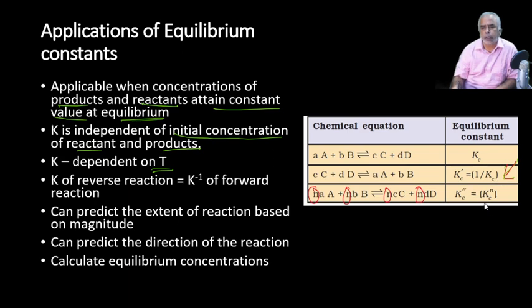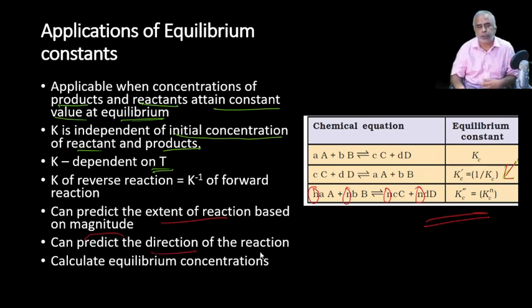So you can call it Kc whole power n for the resultant reaction. Remember this. Then we can predict the extent to which the reaction can proceed based on the magnitude. And similarly, we can predict the direction in which the reaction is progressing. Then we can calculate the equilibrium concentrations also. So these are the major applications of equilibrium constants.